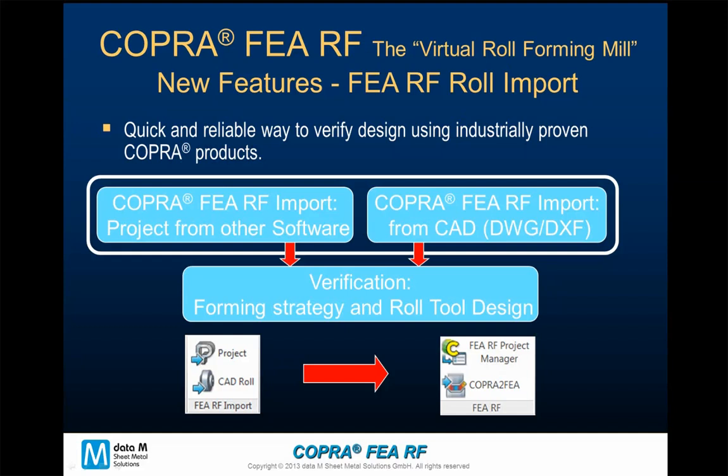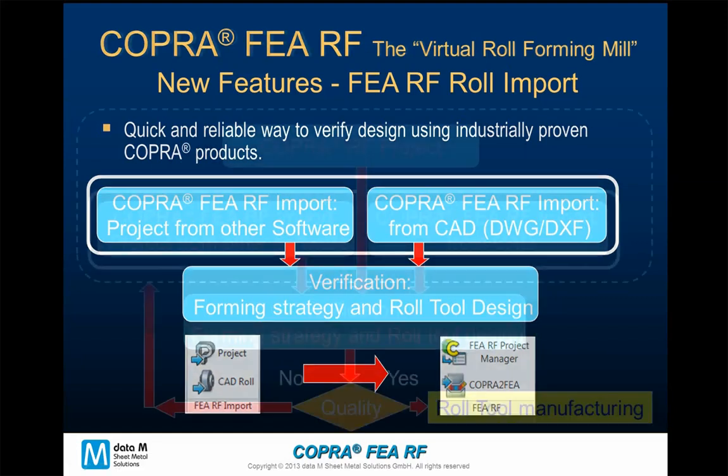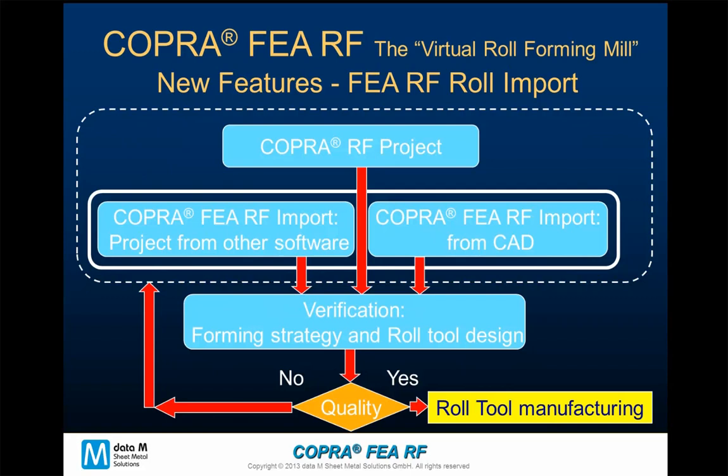So using our new and simple import tools, it's now possible to import flare patterns and roll geometry directly into the COPA environment. So this then allows organisations and individuals access to COPA technology and the possibility to adopt the complete COPA workflow during their product development stage. So thus, you can optimize and verify flares and strategies and roll tool designs prior to roll tool manufacture in an easy-to-use COPA environment, ensuring optimum quality and right first-time results.